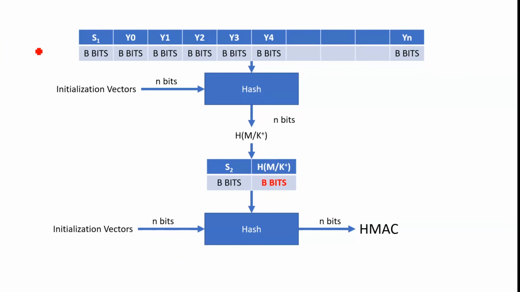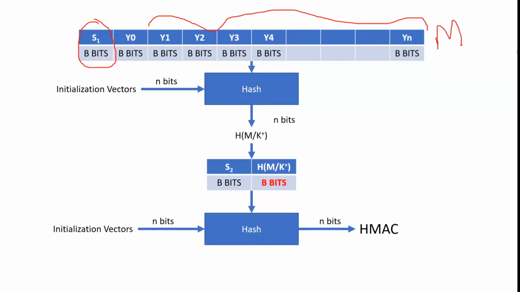First thing that we do is append S1, B bits, with our message. If you remember, we had divided our message into blocks of B bits.